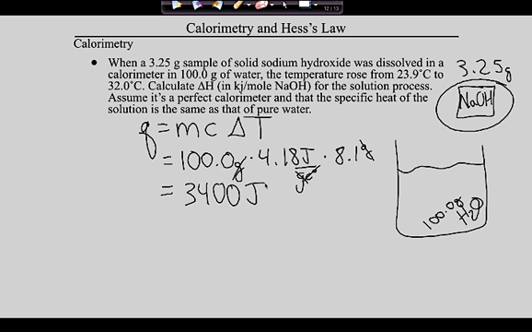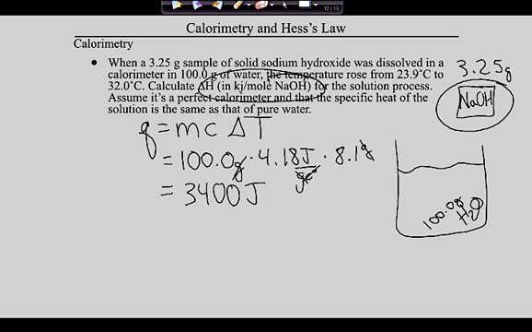Sodium hydroxide. How much? 3.25 grams. So what we know right now is the amount of energy that's released when 3.25 grams of sodium hydroxide dissolves. That's not what the question is asking. The question is asking for the delta H of this process in kilojoules per mole.